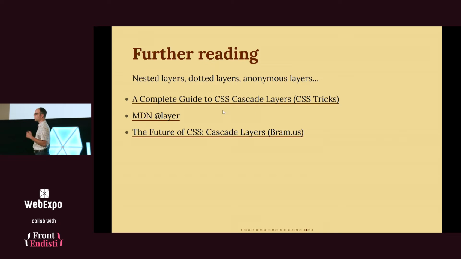So this is a hard topic, a large topic. If you want, I've provided some links where you can read about this in a little bit more detail. An introductory article called A Complete Guide to CSS Cascade Layers, the mandatory documentation at MDN, and an article from Bram at Bramus, The Future of CSS Cascade Layers.